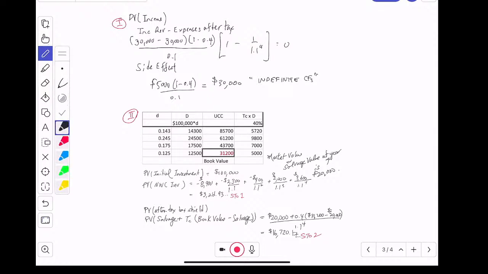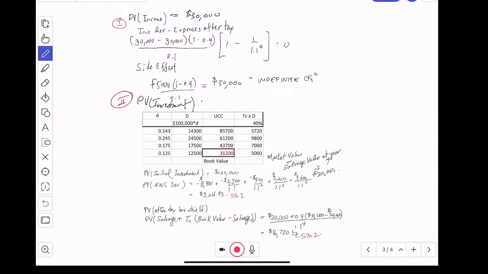So just to go back a moment, the present value of income was 30,000. And the present value, I'll move this up a bit. And then the present value of investment is equal to summing those together. It's very messy, isn't it? Let me do that again.